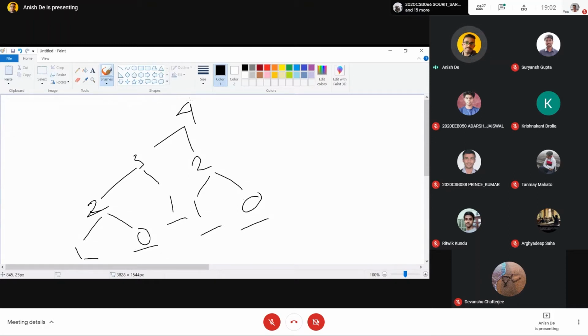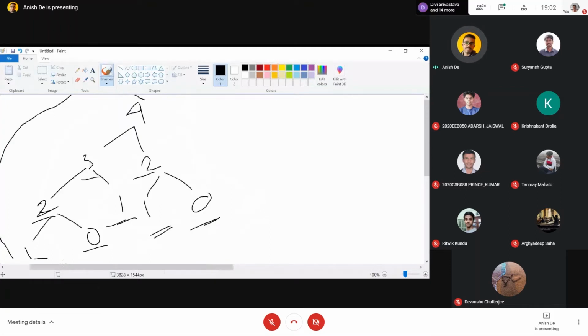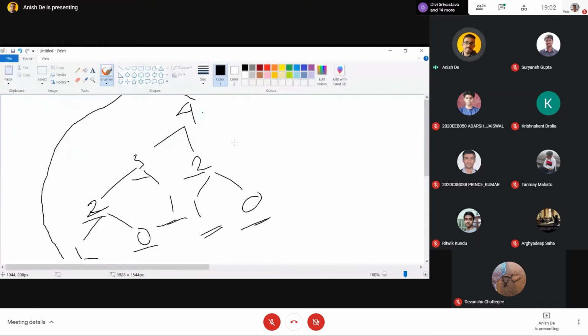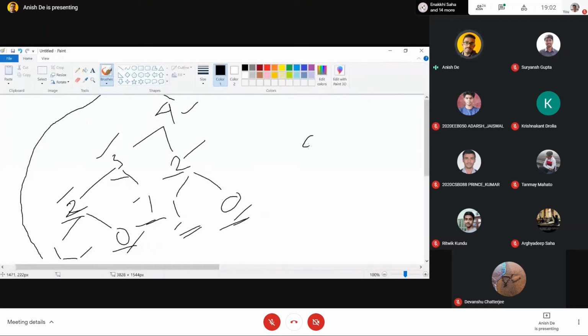So see, it is like a binary tree where every node has two children. Every time we go down, the number of leaves is multiplying by 2. So for 4 we are calling it 1, 2, 3, 4, 5, 6, 7, 8, 9 times, that is almost 2 to the power n complexity, because for every node we are calling the function two times.